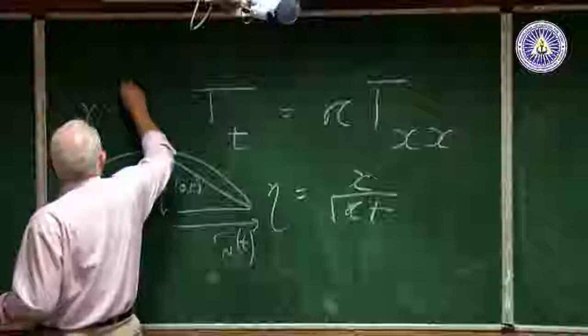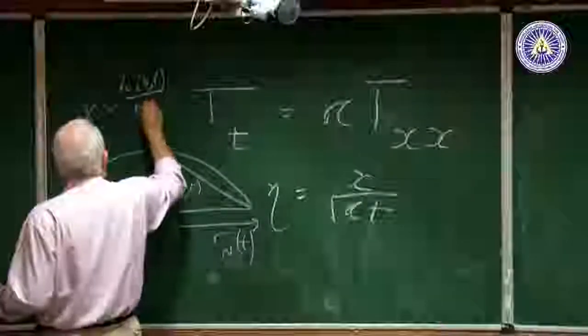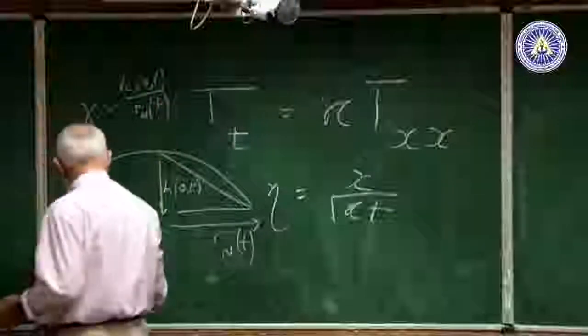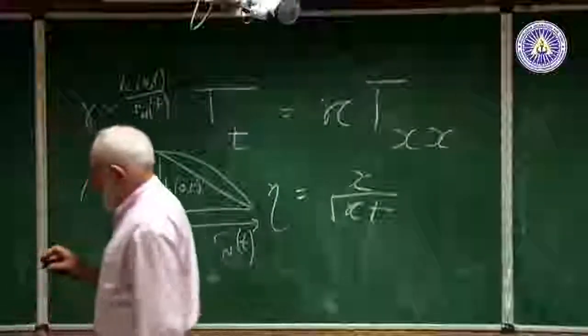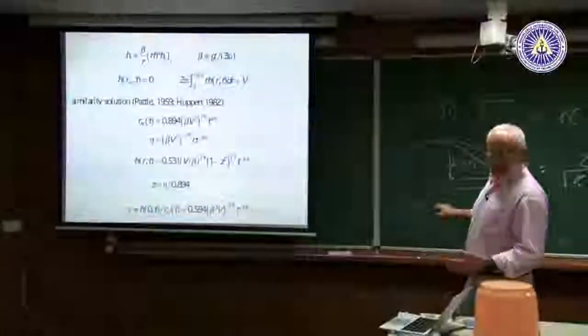That's h at 0,t over Rn of t, and I can calculate that from the similarity solution, and it goes down like t to the minus 3/8.